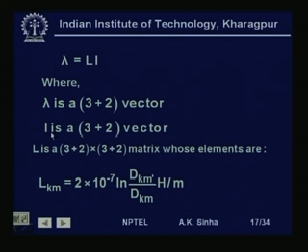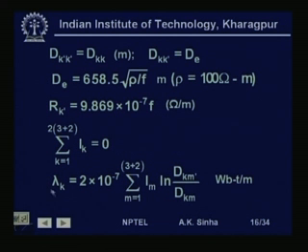I again, since the current is flowing in all these 5 conductors, is a 3 plus 2 vector. Now, L, which is the inductance matrix, is also a 3 plus 2 into 3 plus 2 matrix, whose elements L_km are equal to 2 into 10 to the power minus 7 log n d_km dash by d_km. This comes out from the previous relation of lambda k.